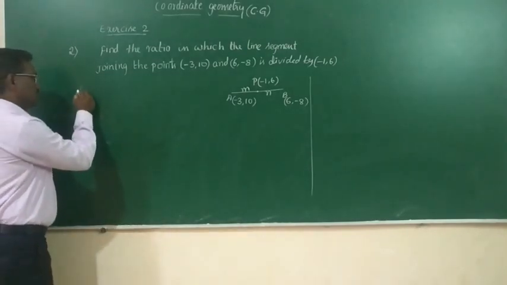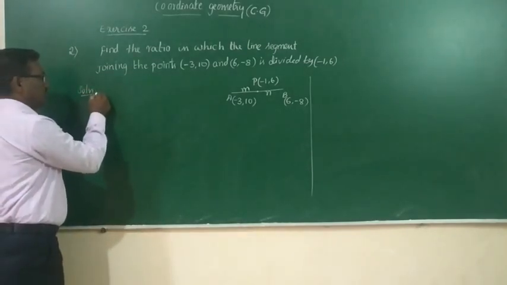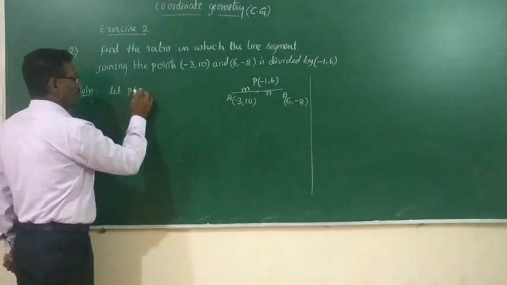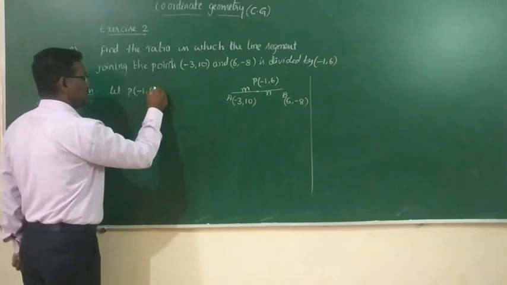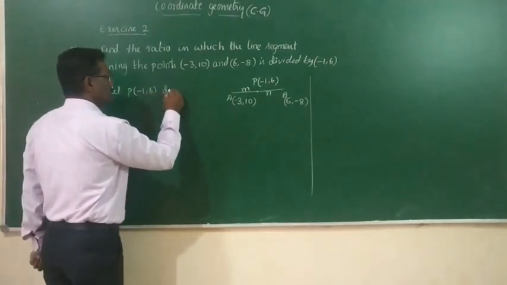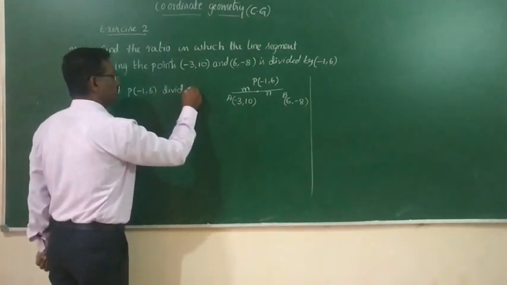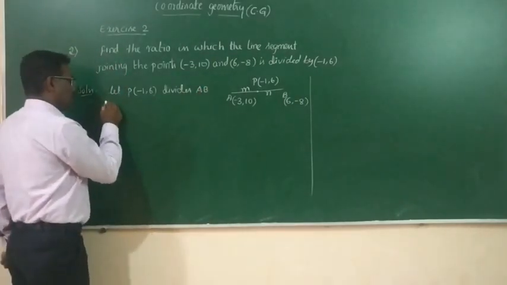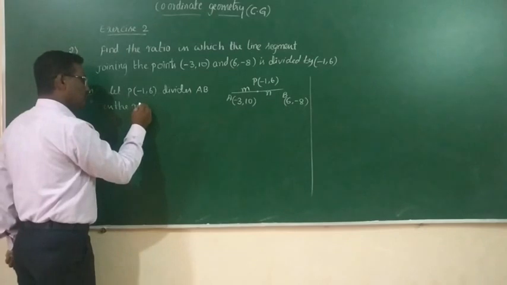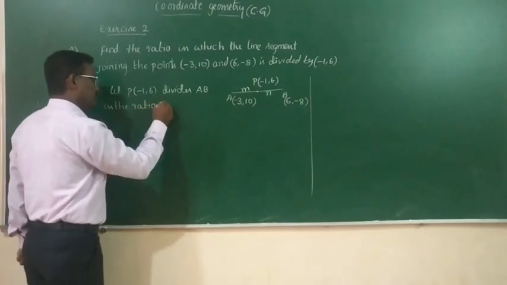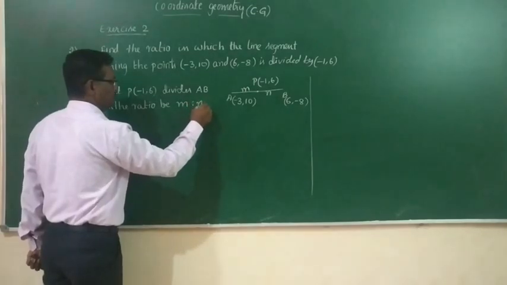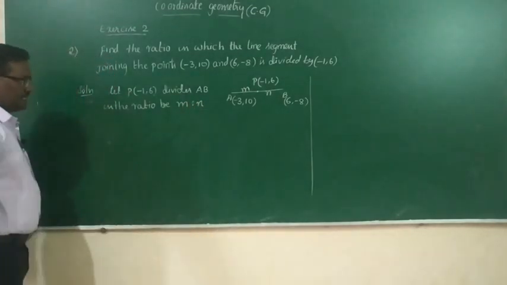So, solution. Let P of minus 1 comma 6 divide AB in the ratio M is to N.